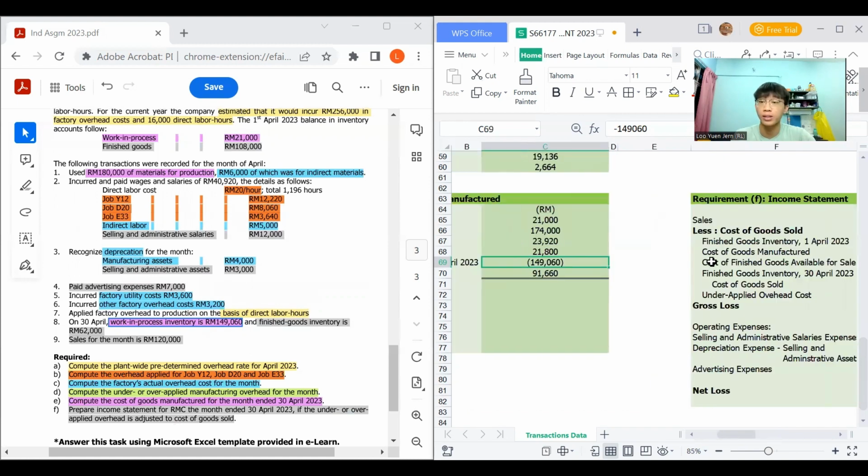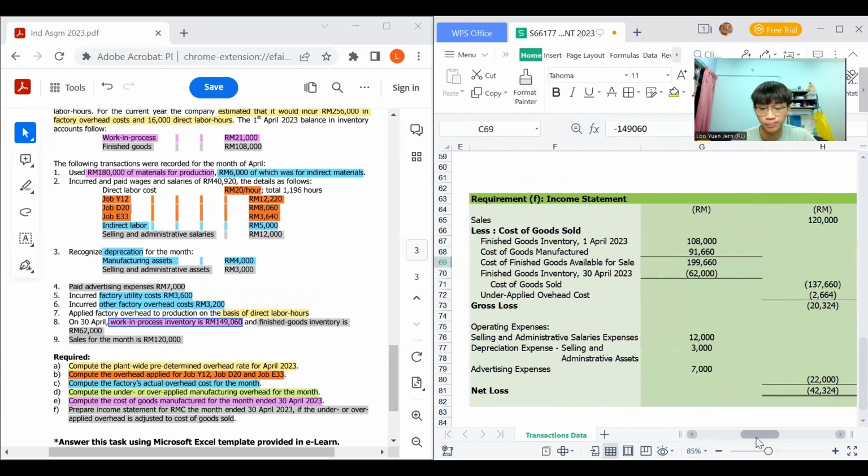Since we have under applied overhead cost, we need to make an adjustment to increase our cost of goods sold. So we will minus it in here, that is 2,664. So we use the sales minus the cost of goods sold and minus the adjustment.